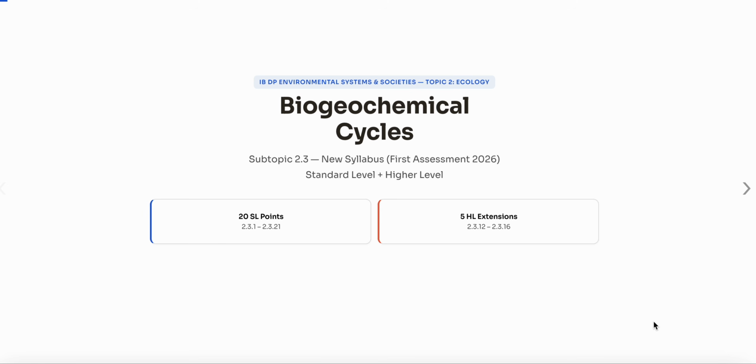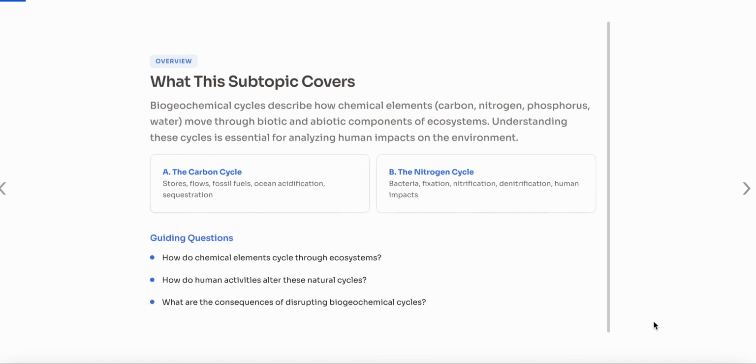As far as your exams are concerned, this topic is important because some questions are repetitively asked in previous IB exams, and the most common question is about the carbon cycle and the nitrogen cycle and how human activity impacts these cycles.